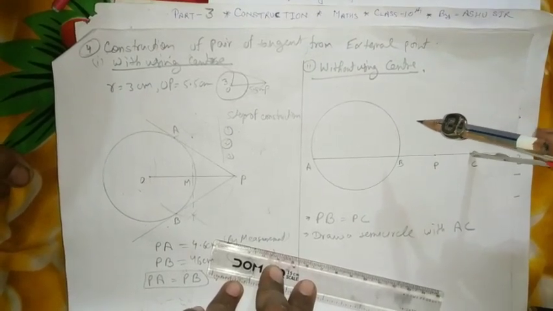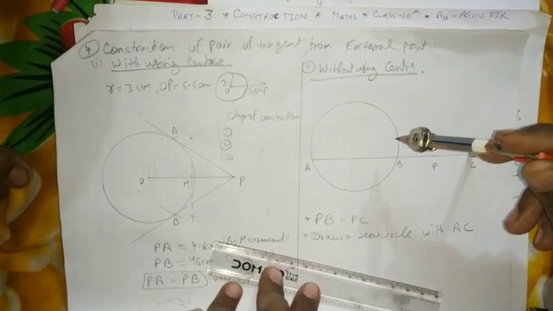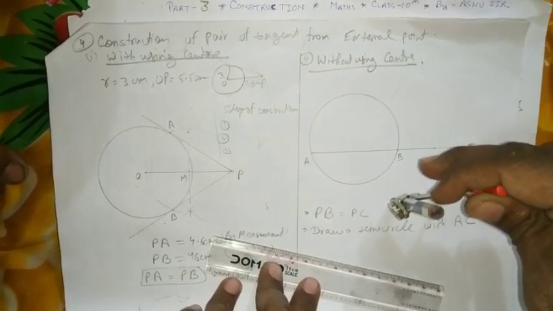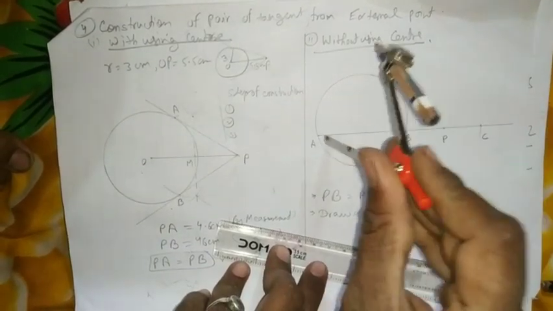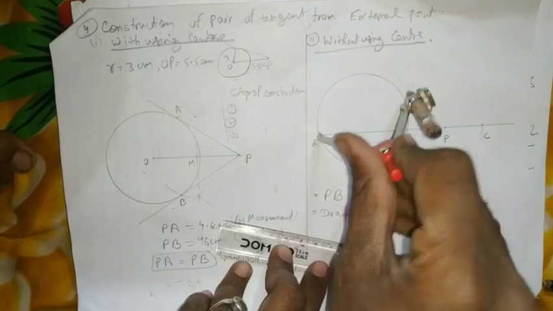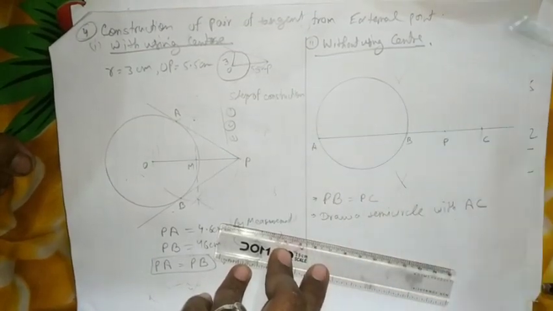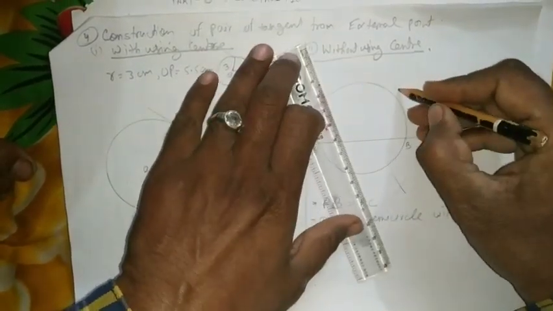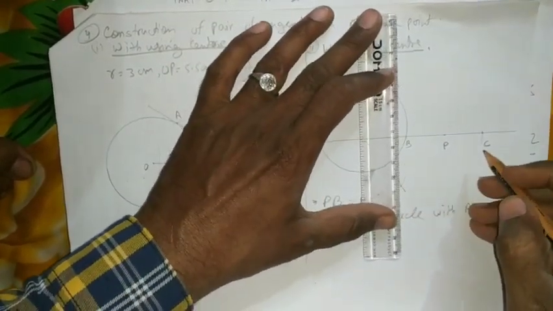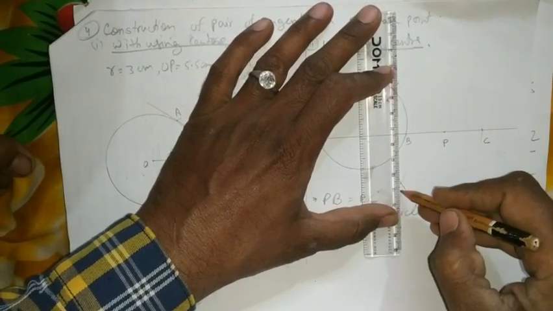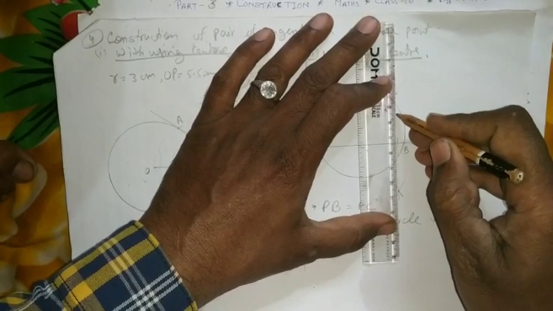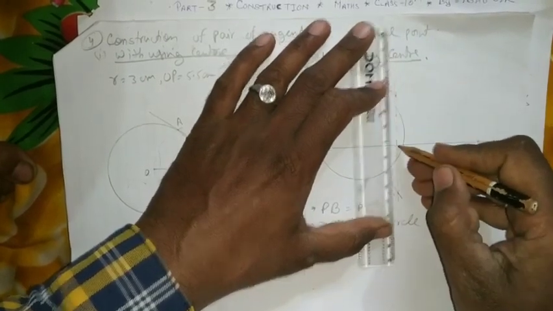You know how we construct the perpendicular bisector? More than half radius. Cut upside, downside. Same process, upside, downside. So these 3 points intersect AC at a point.